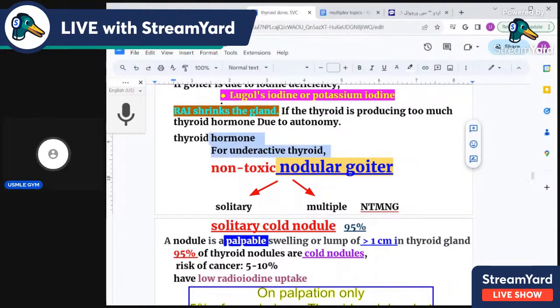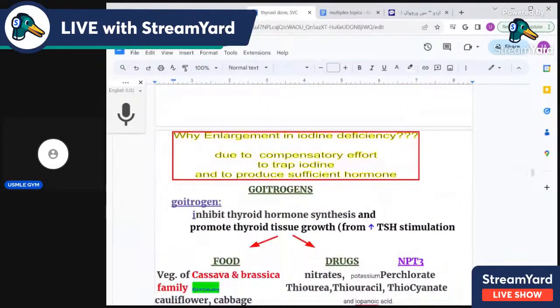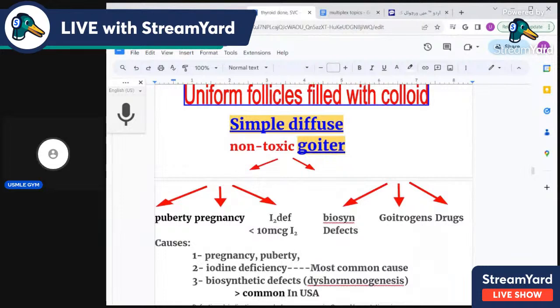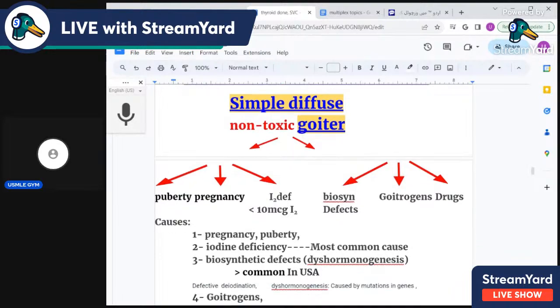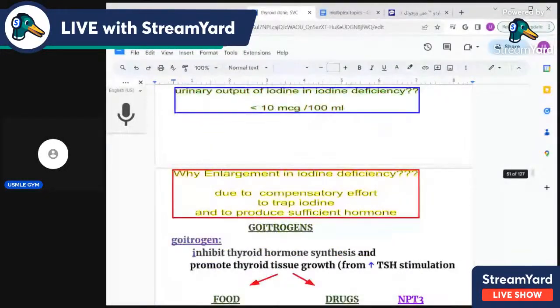So these are the causes, the treatment, and the different clinical features of the simple diffuse non-toxic goiter: puberty, pregnancy, iodine deficiency, biosynthetic defect, goitrogens and drugs, and then we have the urinary testing of the iodine.